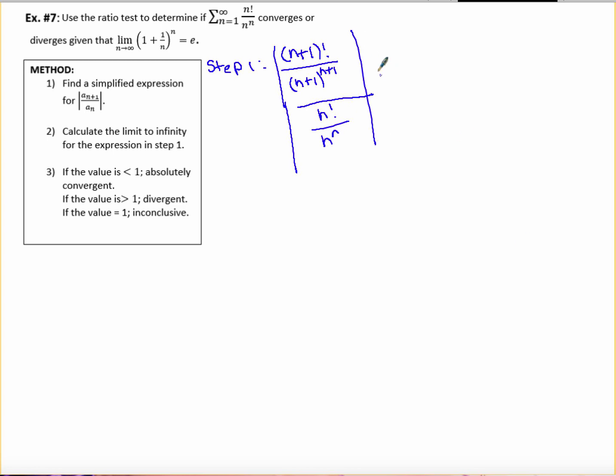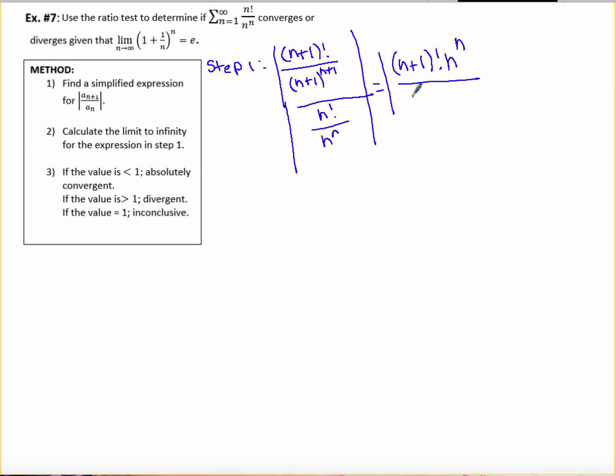All right, now I'm going to go ahead and break apart the exponents as I find them and take care of the division, I think. So up on top, I have n plus 1 factorial. And then that's going to get multiplied by n to the nth.